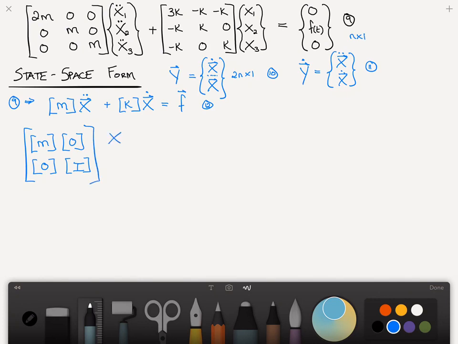That is times x double dot, x dot, plus the matrix 0, k, minus I, 0.